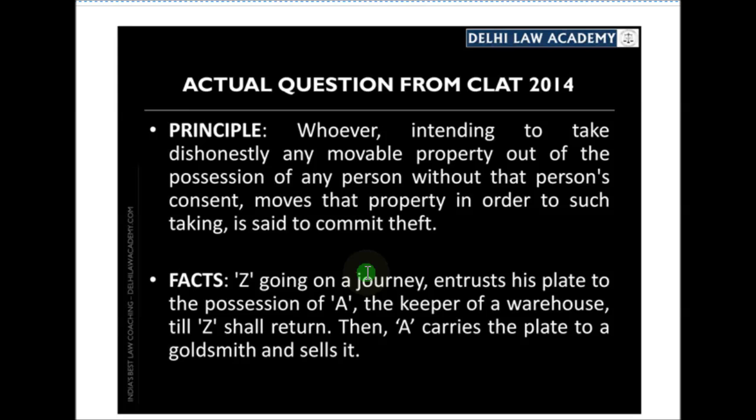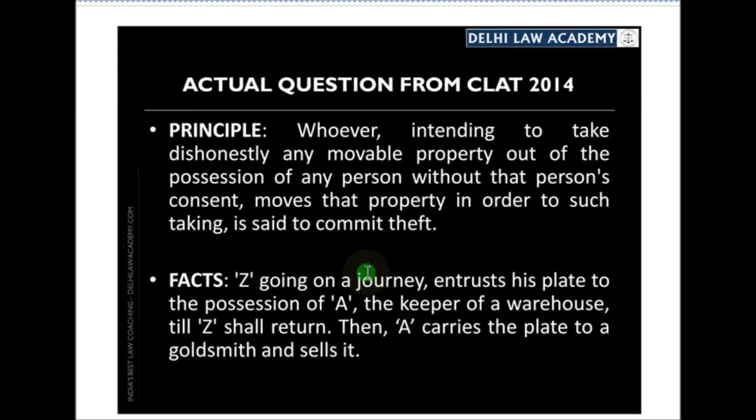The principle in this question is this: whoever, intending to take dishonestly any movable property out of the possession of any person without that person's consent, moves that property in order to such taking, is said to commit theft. In this principle, we find that the offense of theft has been defined, and this offense has certain ingredients.